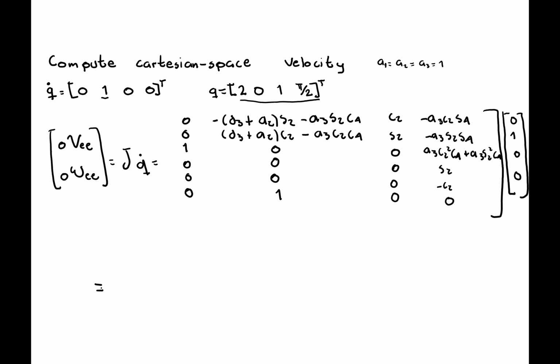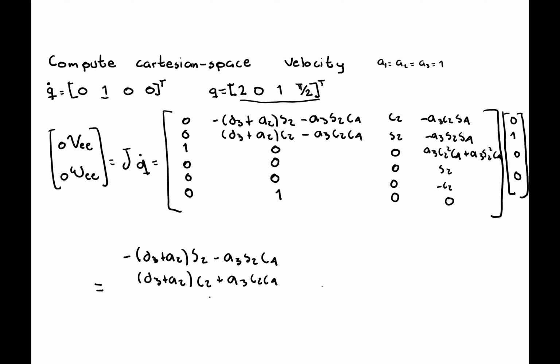Okay, so if we perform this multiplication, I'm missing a bracket here, we end up with minus d3 plus a2 sine 2 minus a3 sine 2 cosine 4, then d3 plus a2 cosine 2 plus a3 cosine 2 cosine 4, 0, 0, 0, 1.